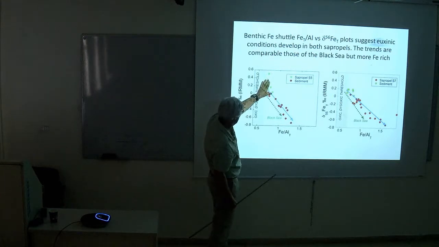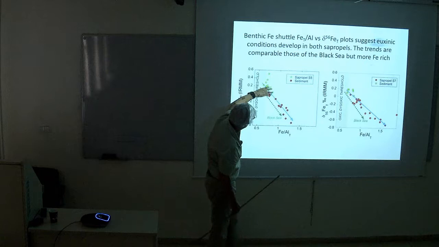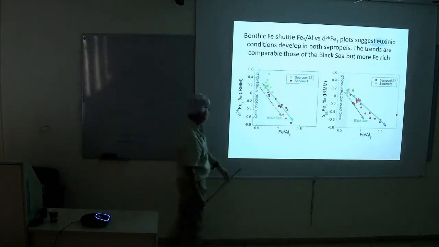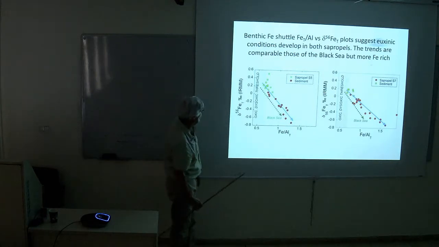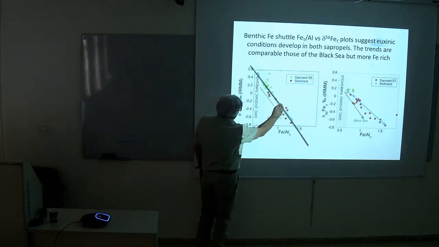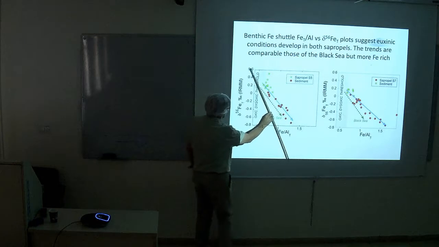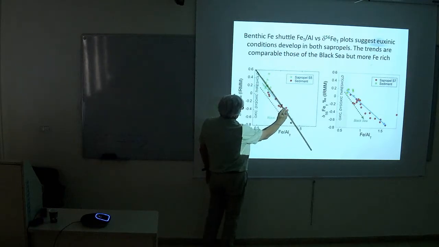Low FeAl values in the sediments, and then the increase in FeAl and the decrease in delta 56 as we go to more and more anoxic conditions. The trend line is parallel to the Black Sea. Okay? The only difference is we seem to be more Fe rich in the sapropel than the Black Sea.